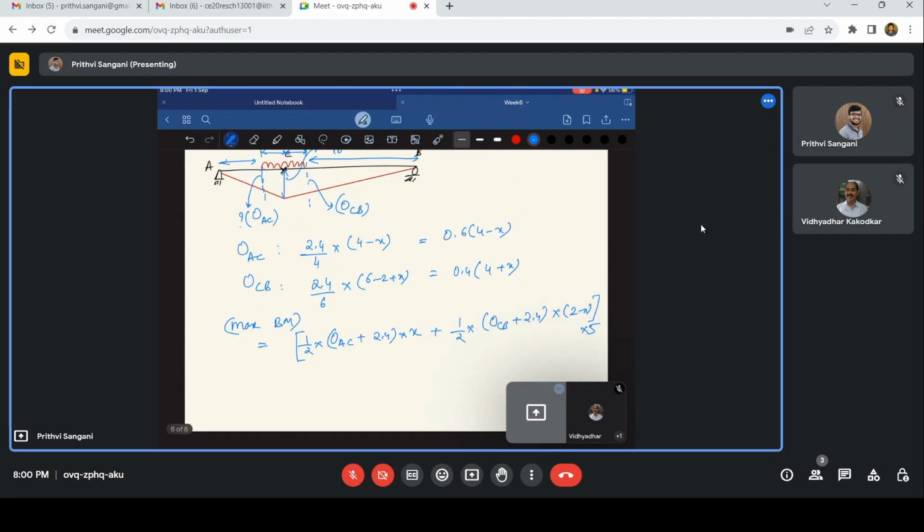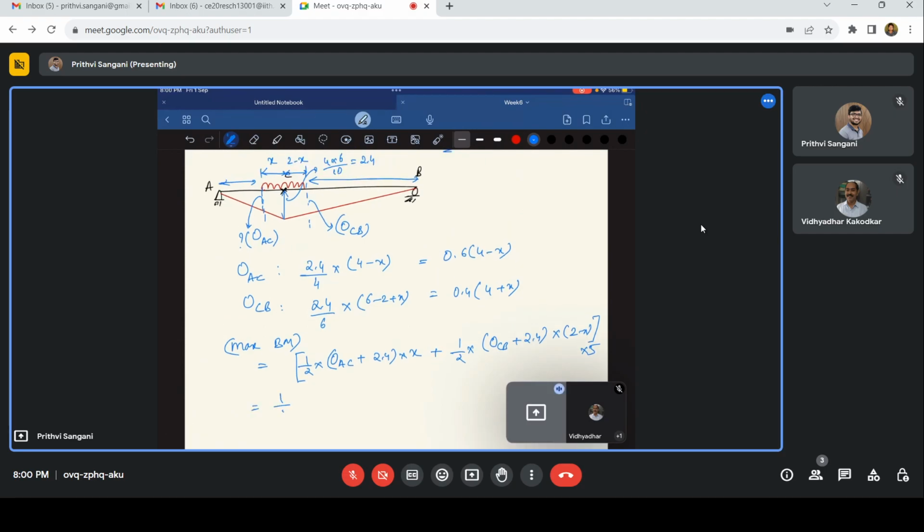Okay, so I'll just substitute: 0.6 times (4 minus x) plus 2.4 times x, plus half times (0.4 times (4 plus x) plus 2.4) times (2 minus x), times 5.